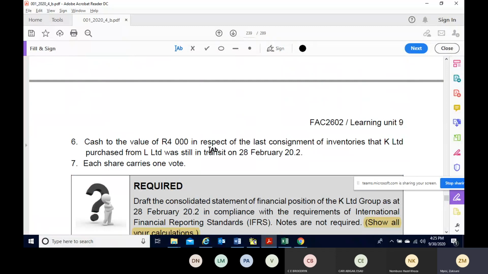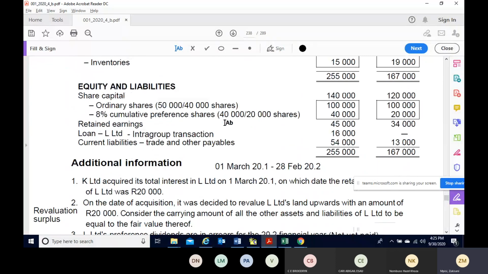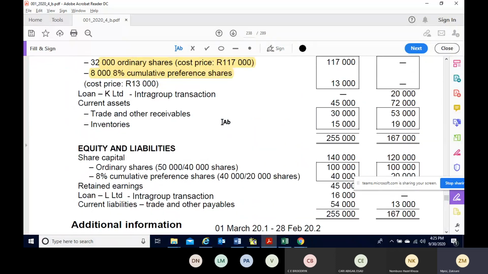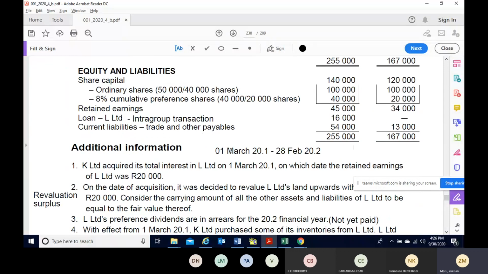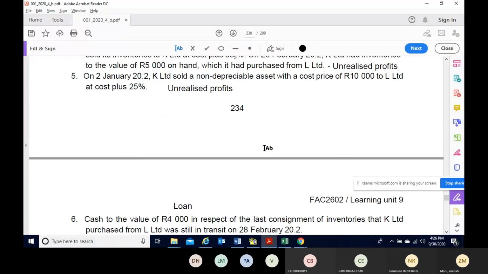Cash to the value of 4,000 in respect of the last consignment of inventories that KLTD purchased from LLTD was still in transit. So this 4,000 now becomes part of the loan. One can already look at the loans and see if they are equal to each other. The loan sitting on LLTD is 20,000. The loan sitting as a liability on KLTD is 16,000.